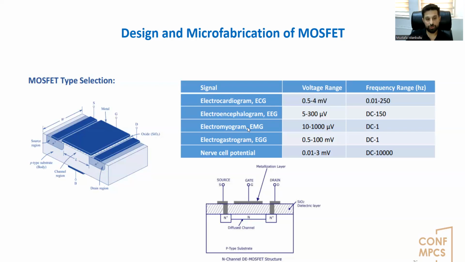However, the channel depth, or we can say conductivity, can be altered by the voltage applied to the gate terminal. Increasing the gate voltage leads to an increase in the channel depth, thus resulting in an increase in current flow. Consequently, voltage fluctuations on the gate terminal lead to fluctuations in current flowing through the source and drain terminals. Therefore, the biopotential is converted to current form in this way.